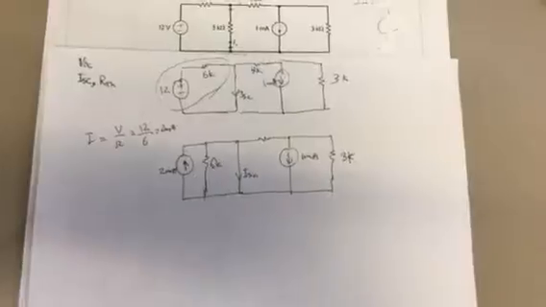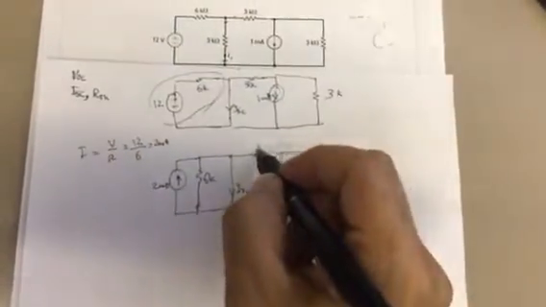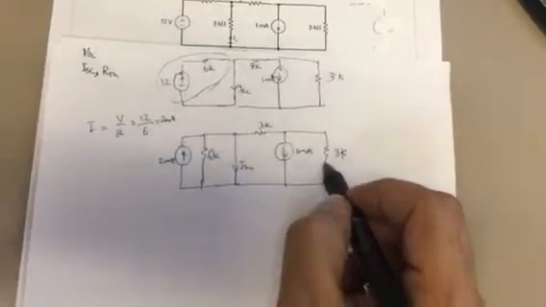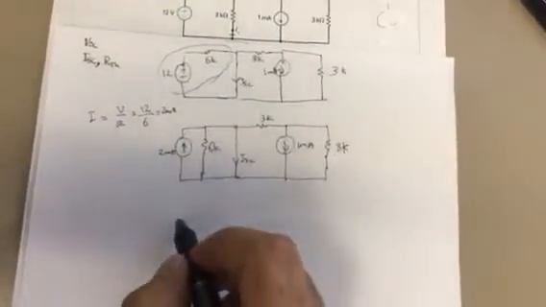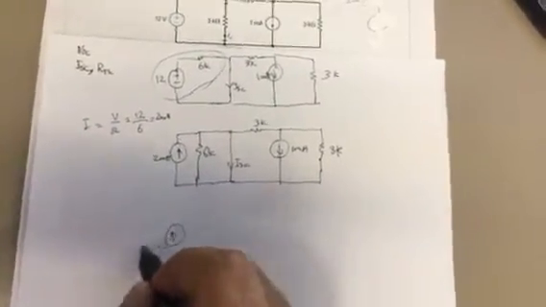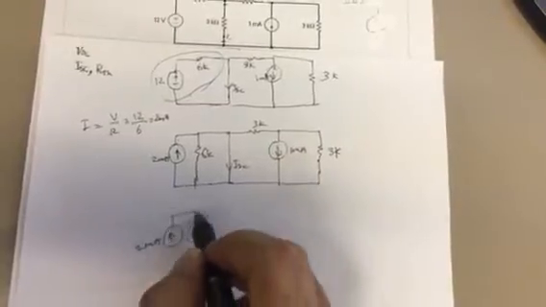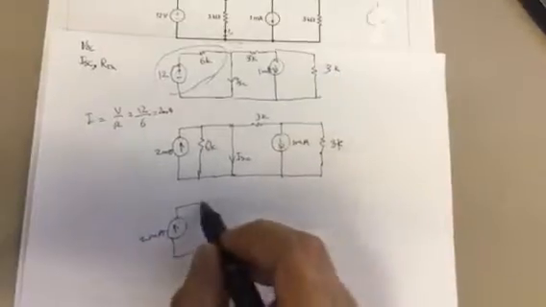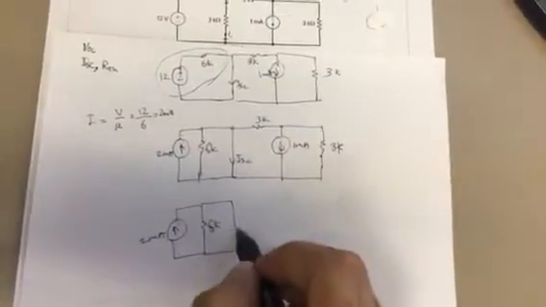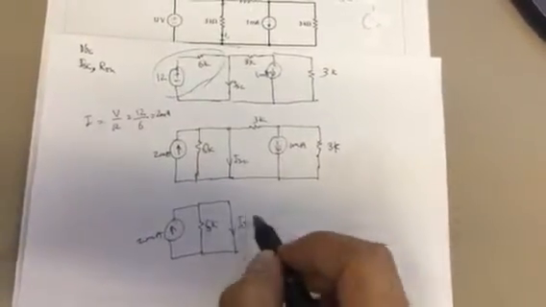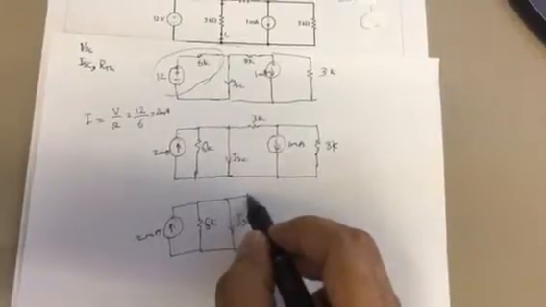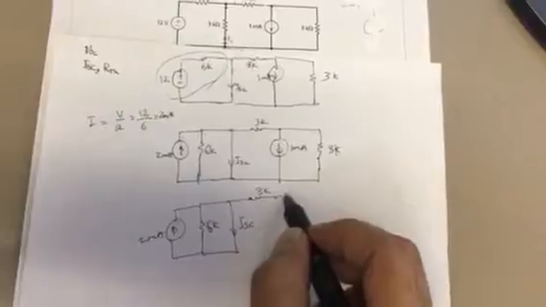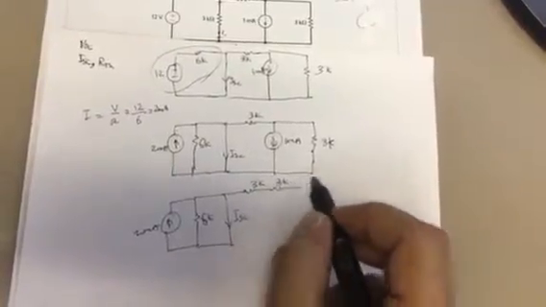The second step I want to do is change this one and this one to a voltage source. The 2 milliamperes is still going to be here. The 6K is going to be here, and then I have this I short circuit, and then I have the 3K over there.